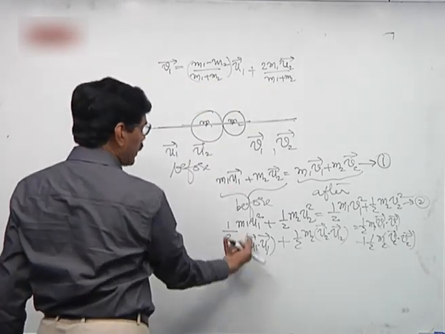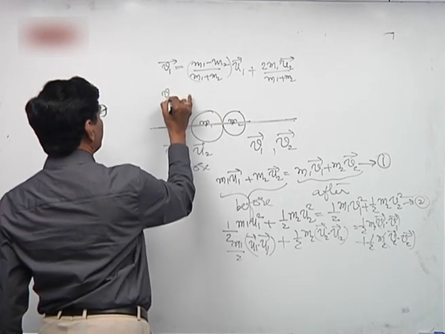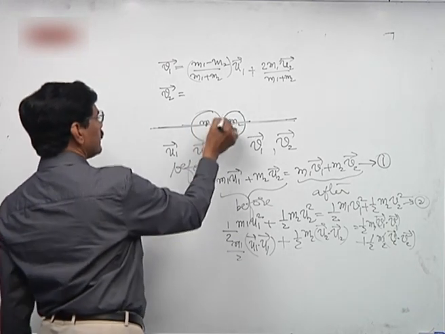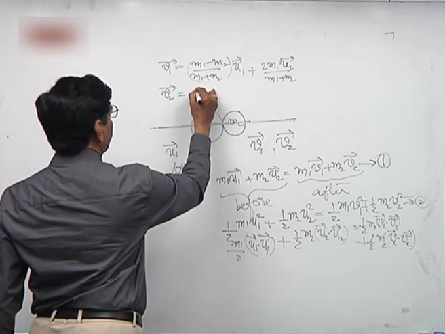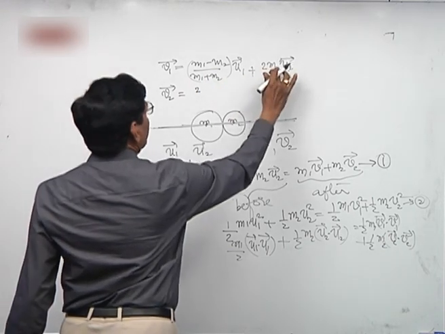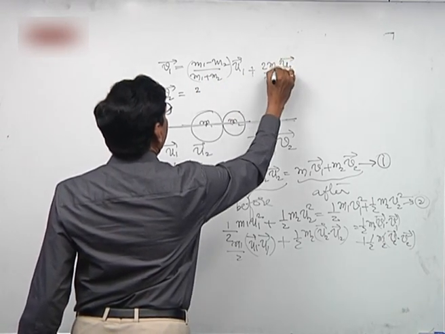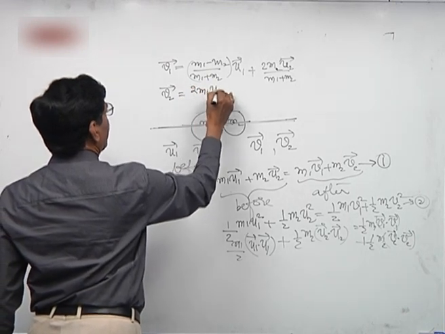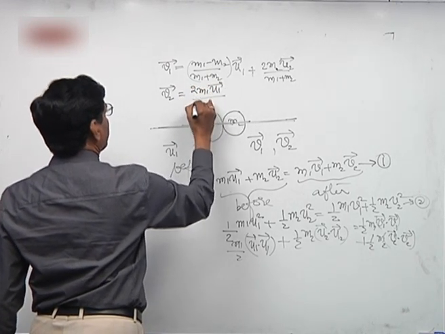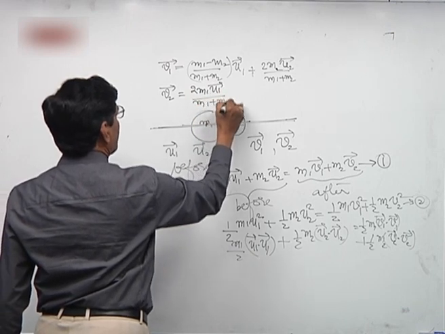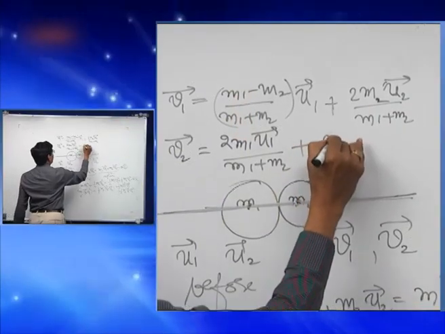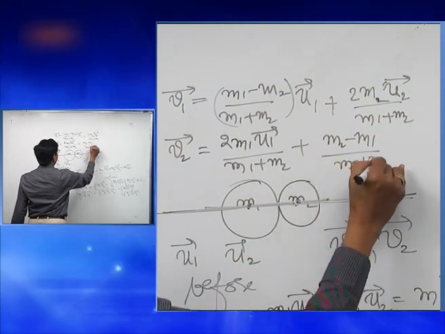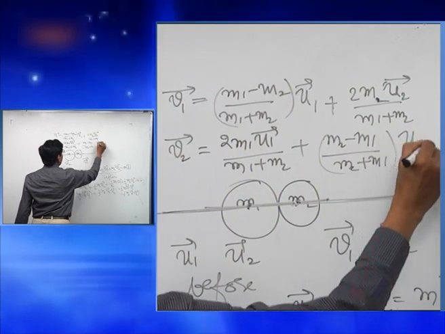Similarly, by solving, the velocity of the second ball after being hit head on elastically can be calculated as v2 equals 2 m1 u1 divided by m1 plus m2 plus m2 minus m1 by m2 plus m1 into u2.